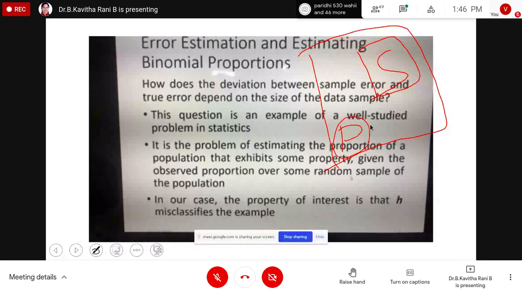When unseen data is given and the same hypothesis is used, we will get some output. So how much does it influence the true error? Does the size of the data sample have any effect on the difference between sample error and true error? This we have to see, so we have to estimate the error here.